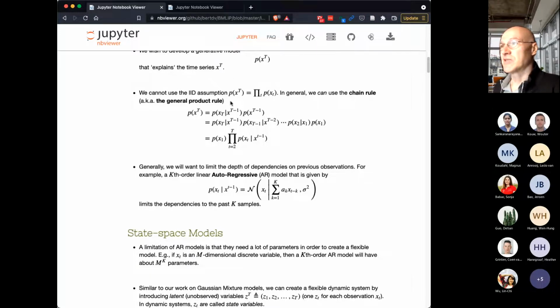But you can't do this. This is what we used to do. We say, oh, it's just the product of the probability for the individual samples. But no, the individual samples now are a function of previous samples.